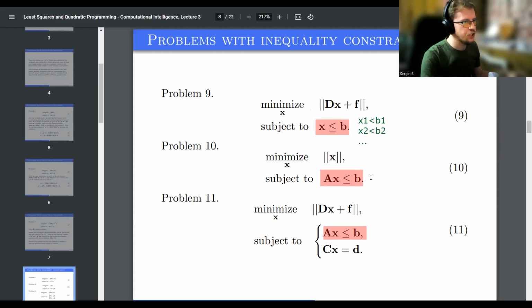We'll see it soon. This inequality represents a vector of inequalities. Each line has to hold independently.